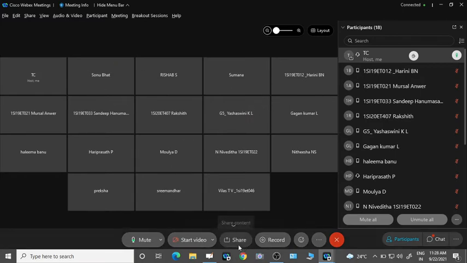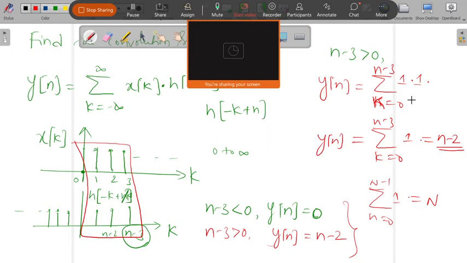Okay, so now we'll do one more problem and we'll try to do the convolution integral also.